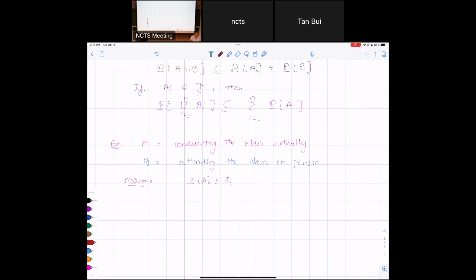Especially now, the probability that we have the class virtually is very, very small. So that's epsilon 1. And then the probability of attending the class is epsilon 2. In person is epsilon 2.